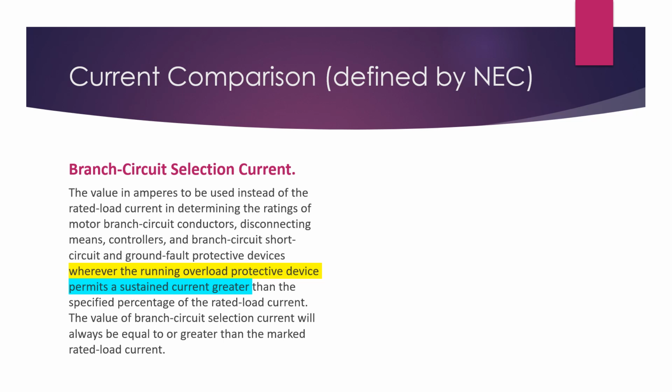The branch circuit selection current will always be equal to or greater than the marked rated load current. So this is different from the rated load current.